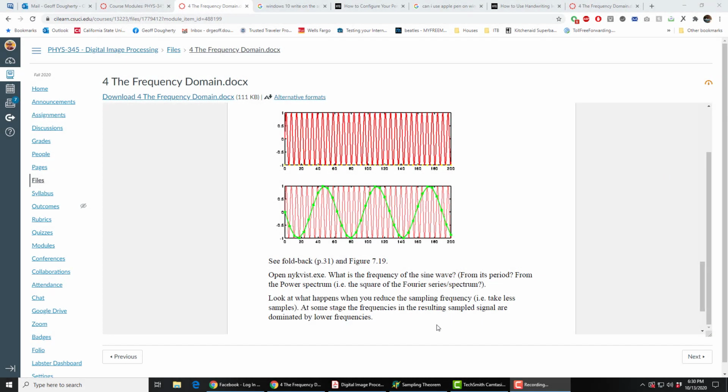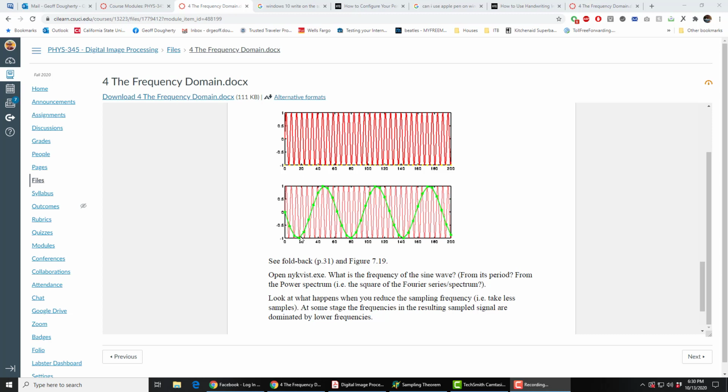I want to look at aliasing and what happens to frequencies when you get aliasing. If we look at this document here, the Module 4 document, and we consider a high frequency sine wave and we sample it, as we take samples at certain intervals.